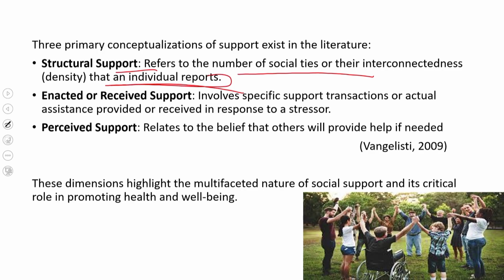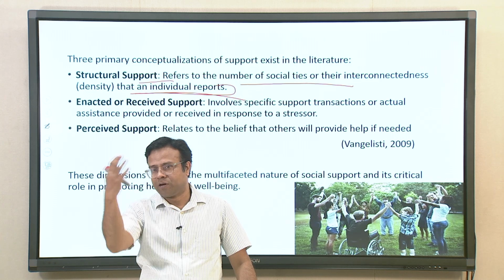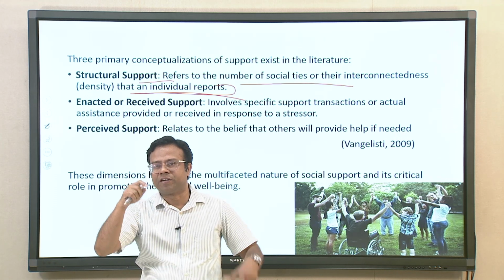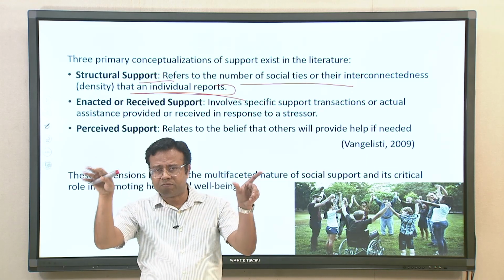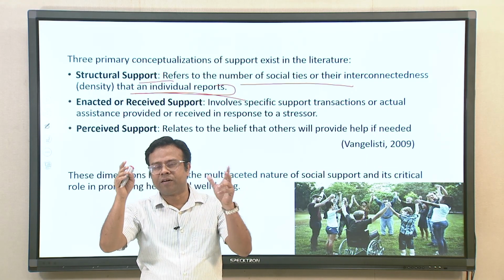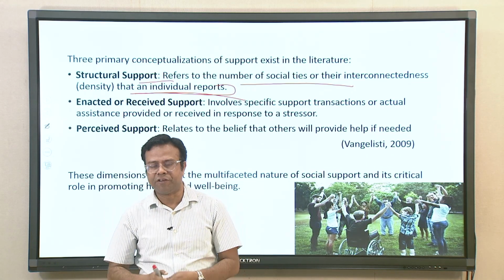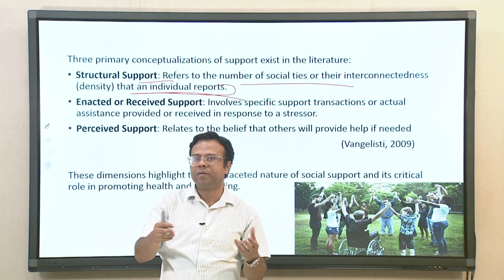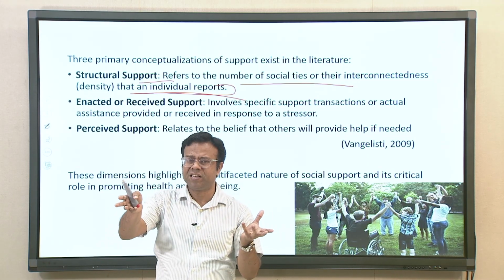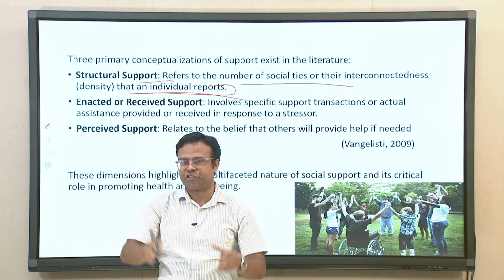So, when we talk about structural support, we are talking about the number of people from whom you can expect support. If I ask somebody how many people you can count on, let us say if you have a crisis, that will determine the structural support.